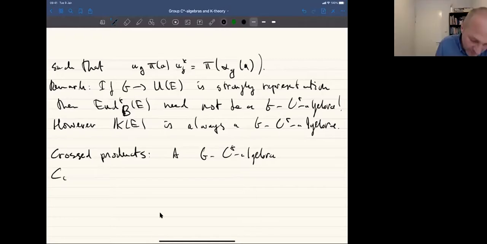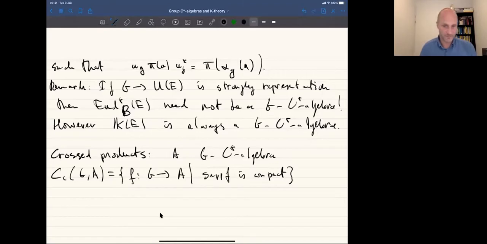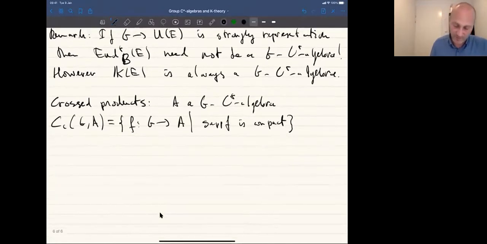And we're going to look at the space of compactly supported functions on G, where the support of f is compact. Of course, f is continuous as well. We have this space. This space carries a star algebra structure.